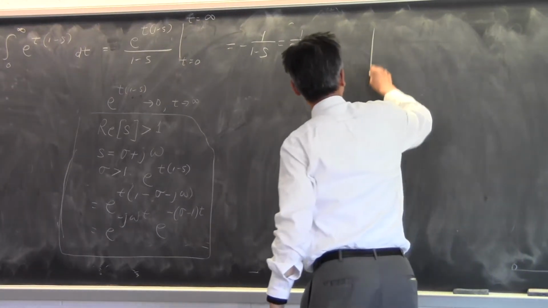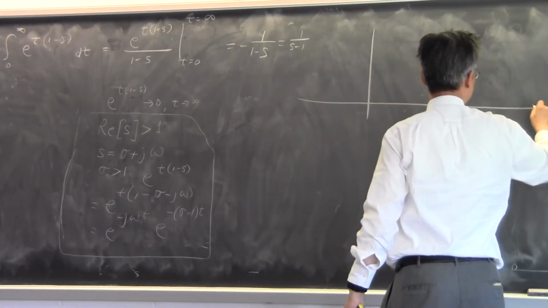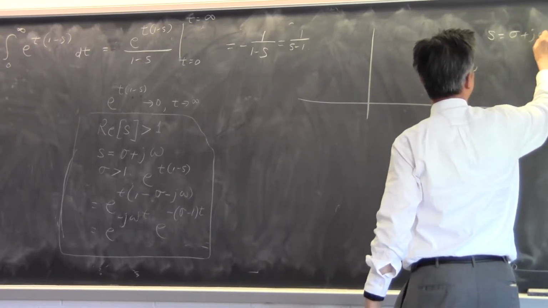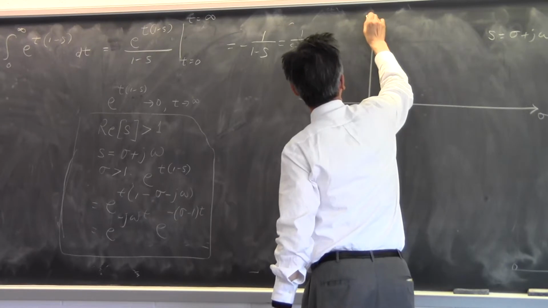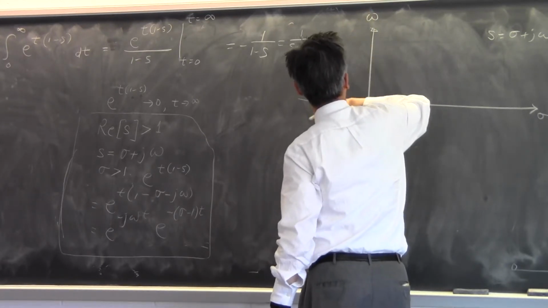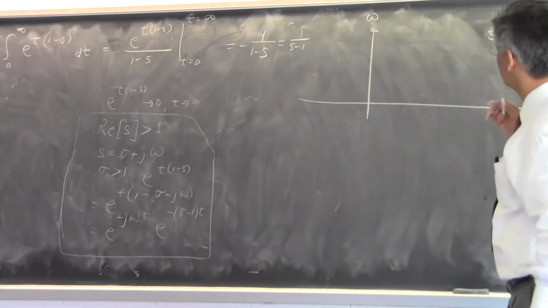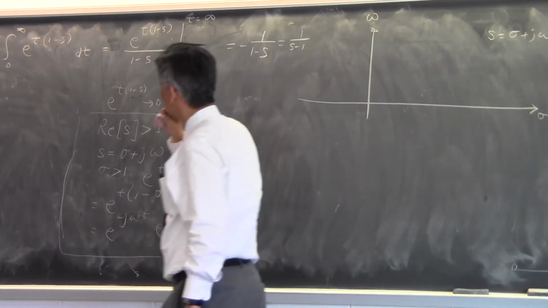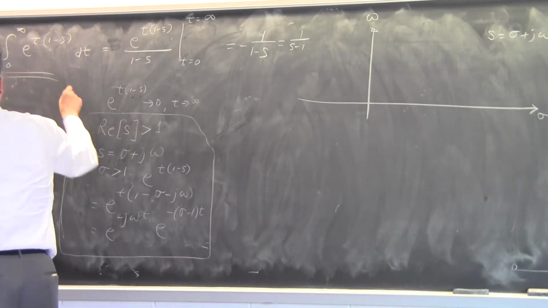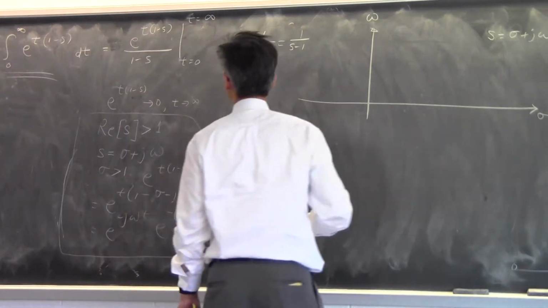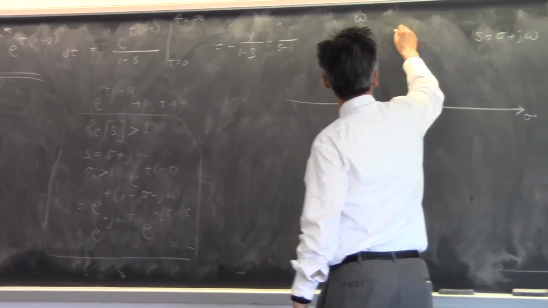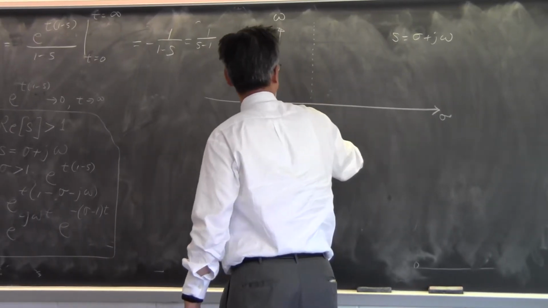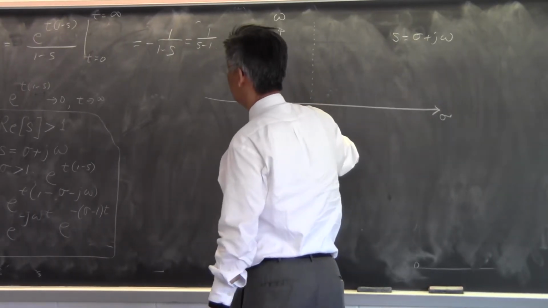If I define s to be on a complex plane, s equals sigma plus j omega, with the imaginary axis equal to omega, what it says is that this transform would exist only for values where the real part of s is larger than 1.